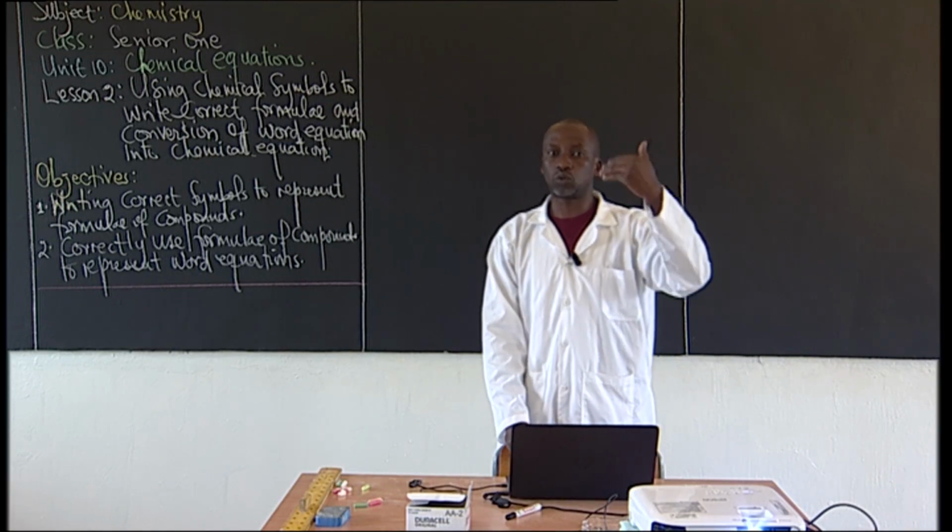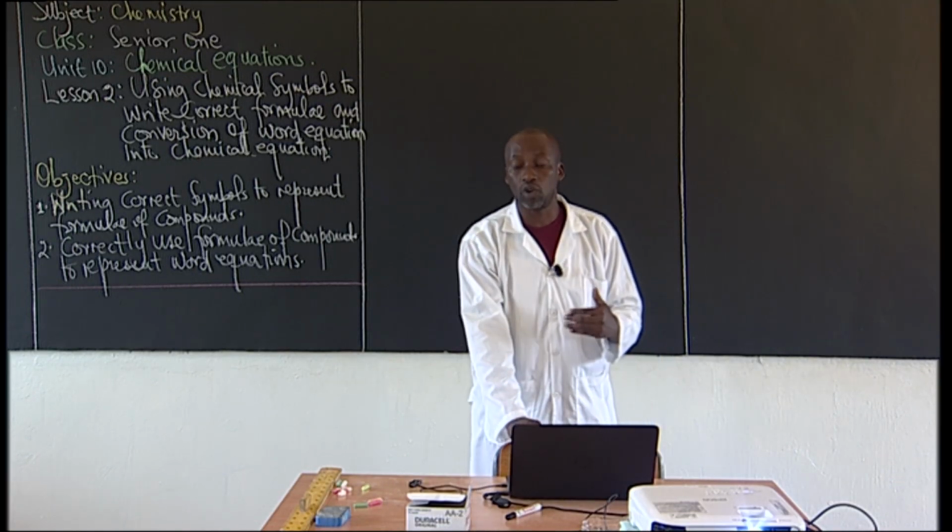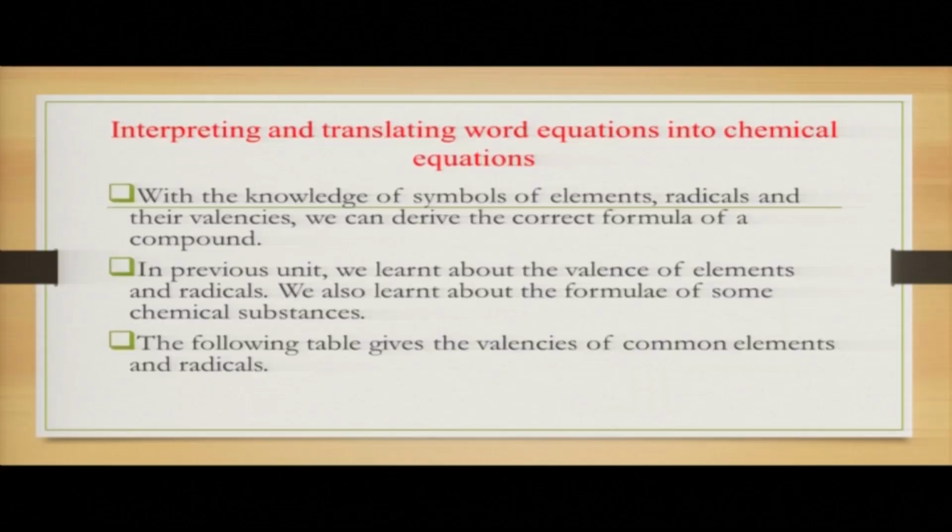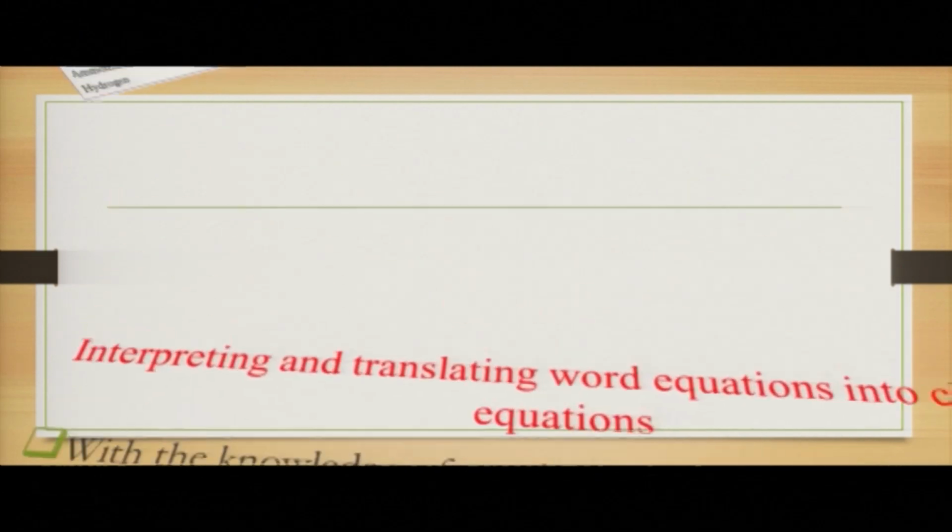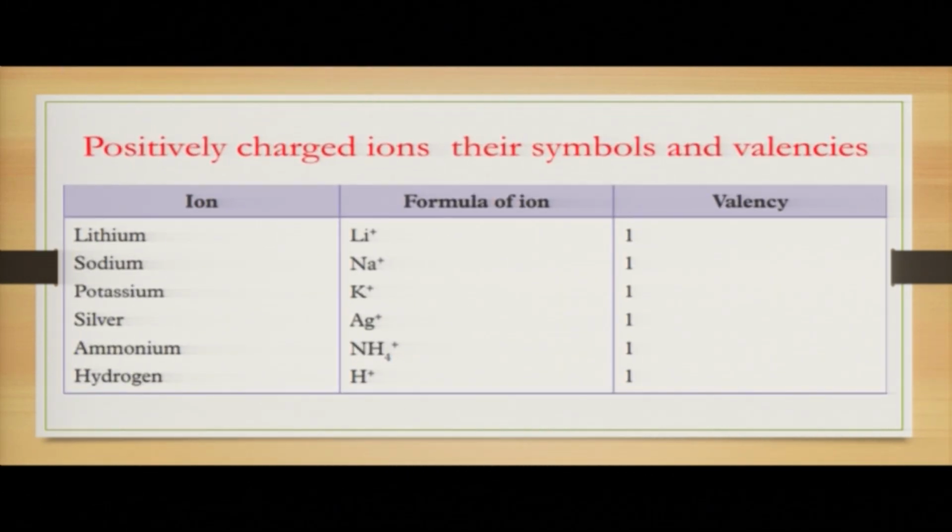So we just want to look at the table that will be reminding us about the valences and about the radicals and their valences. So this is the table. It is showing the positively charged ions, their symbols, and their valences.